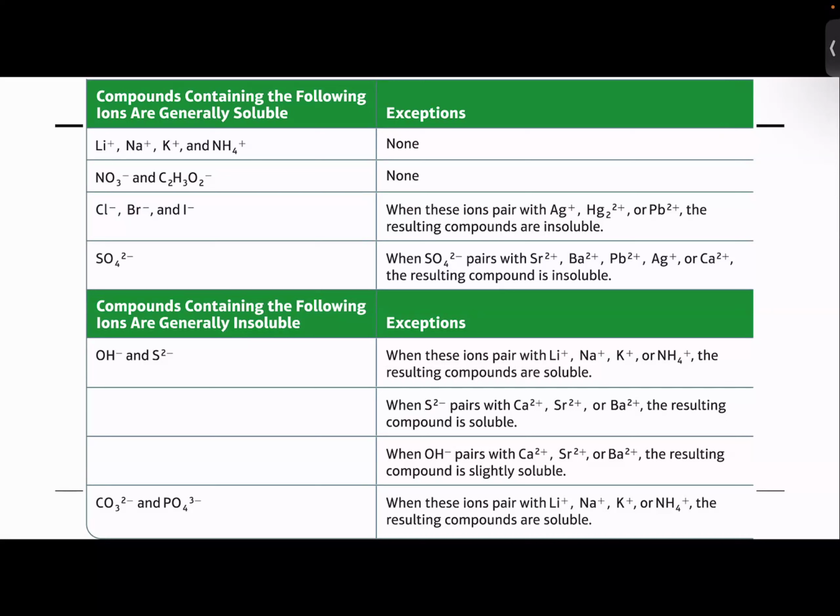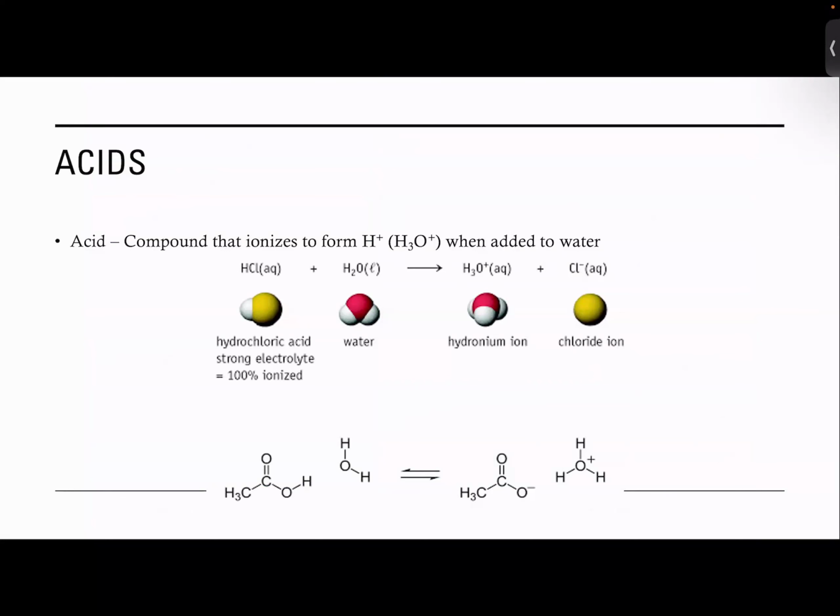Now, how do you know that you have a solid forming as part of the reaction? You're going to look for the reaction to become cloudy. Now, in the definition of electrolytes that I gave you, another electrolyte that I gave you was that of an acid.